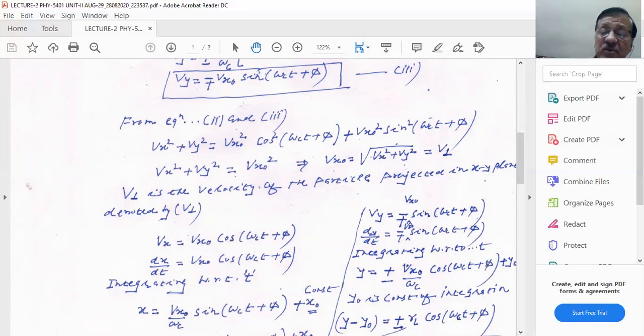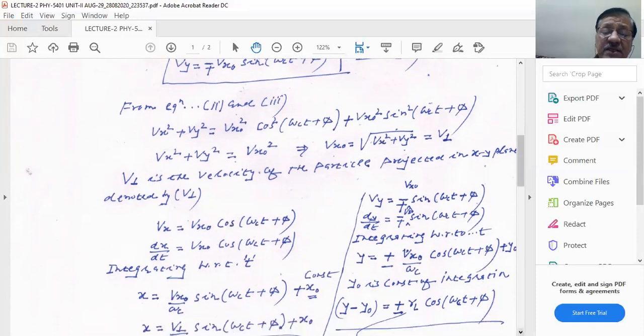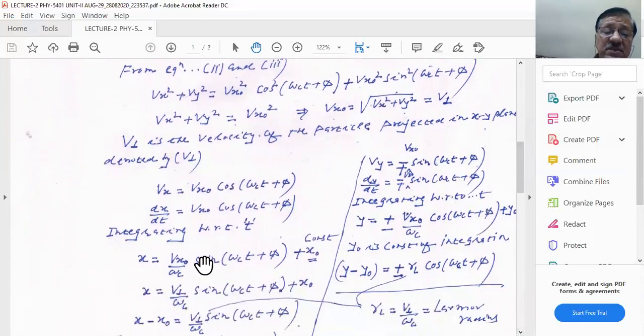Now Vx0 is nothing but V perpendicular, so I write V perpendicular divided by omega c, and that is sine of omega ct plus phi. I can rearrange this equation and write x minus x0 is V perpendicular divided by omega c sine of omega ct plus phi.